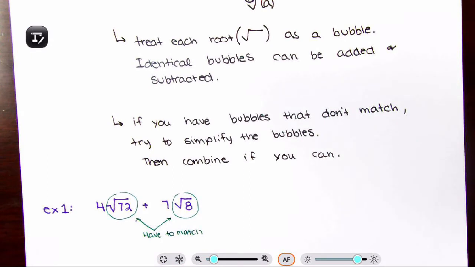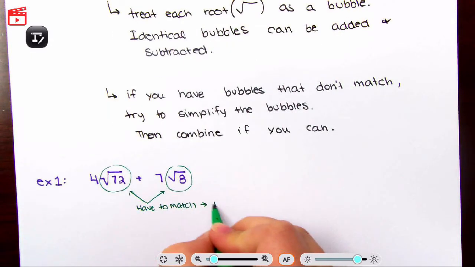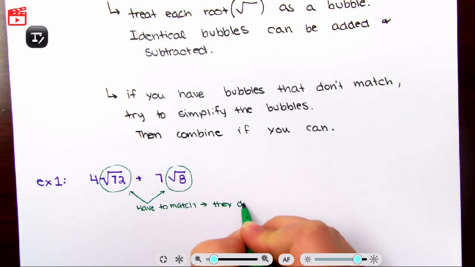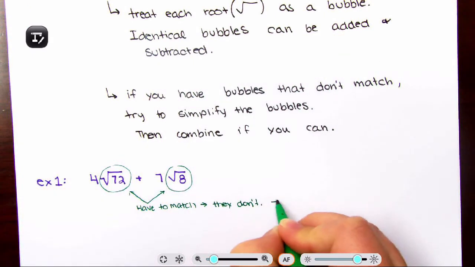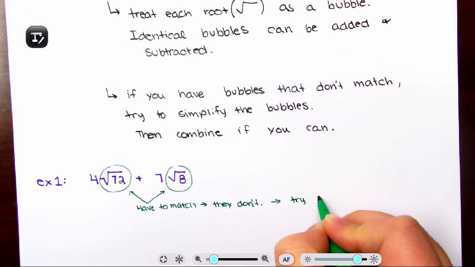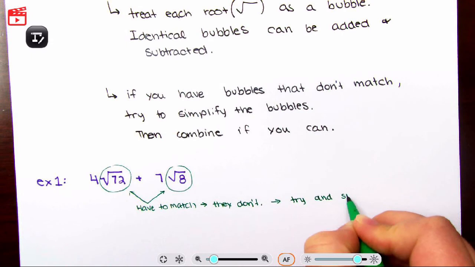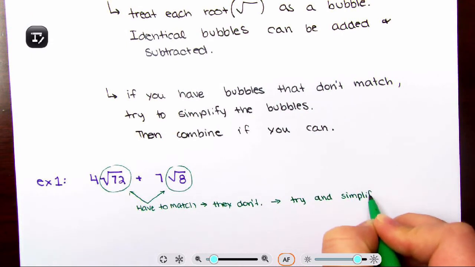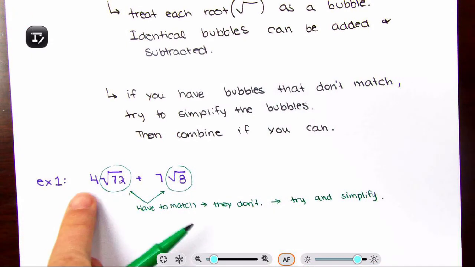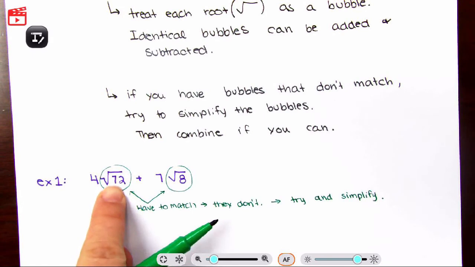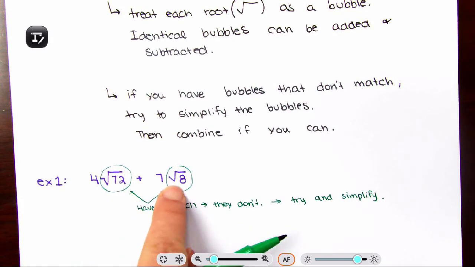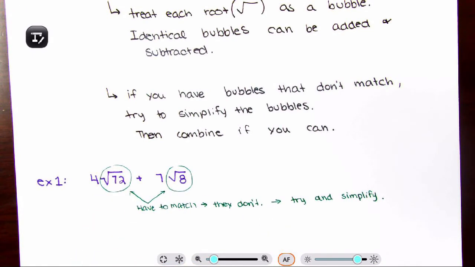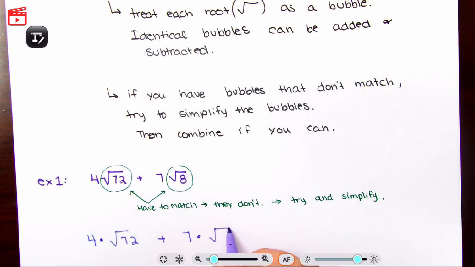They don't. So that means we have to try and simplify. This just means I have 4 times this bubble and I have 7 times this bubble. So I have 4 times the square root of 72 and I have 7 times the square root of 8.